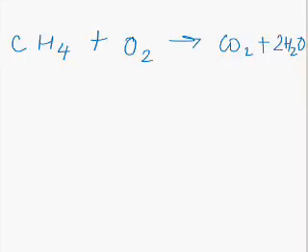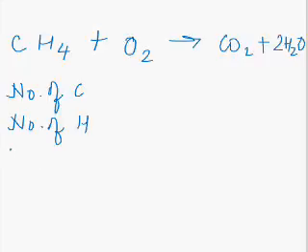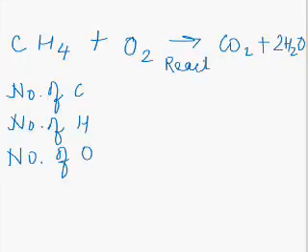Now again we will count the number of various atoms on both sides. Number of carbon atoms, hydrogen atoms, and oxygen atoms on the reactant side as well as on the product side. The number of carbon atoms on the reactant side is 1, and on the product side it is also 1.